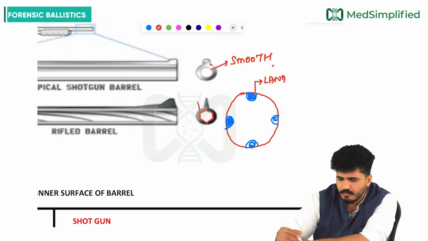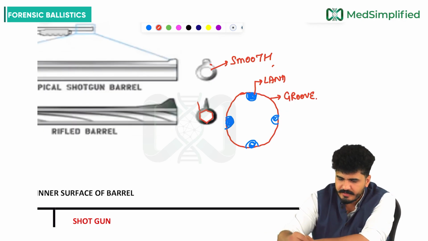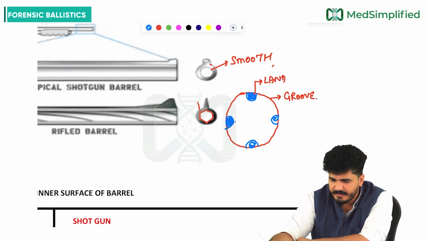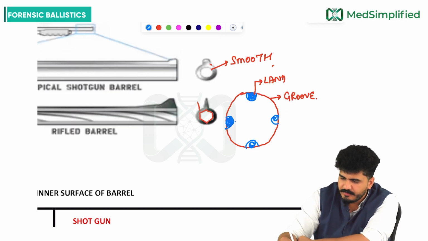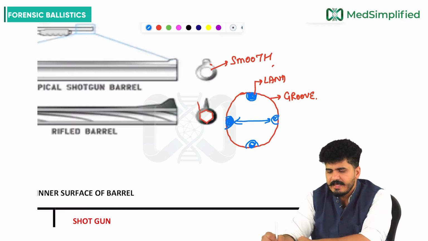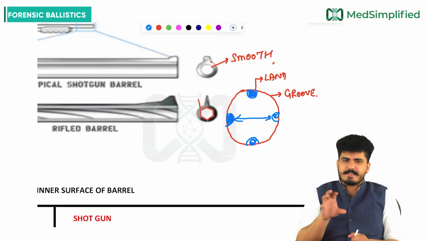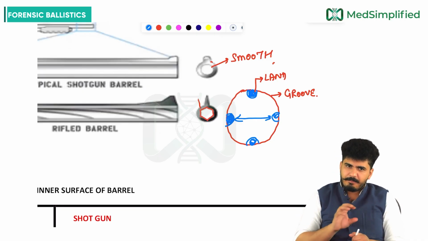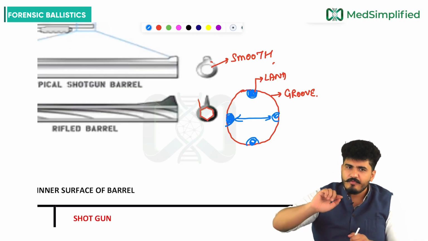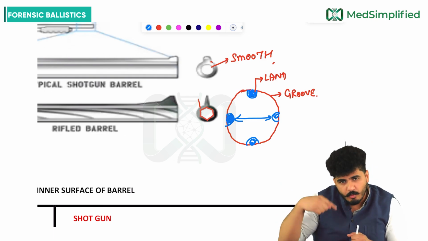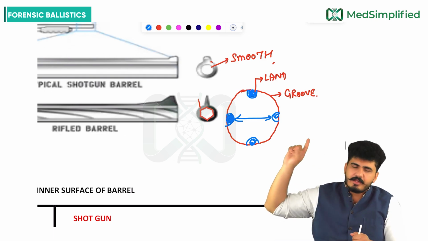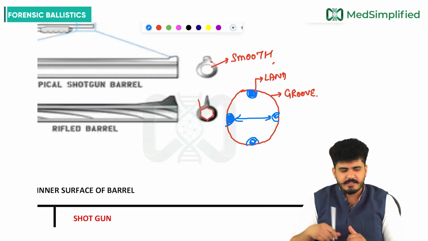This is called groove, my dear friends. The distance between two lands is the narrowest distance, and this structure helps the bullet go with more velocity. If there is more velocity, the range will be more.